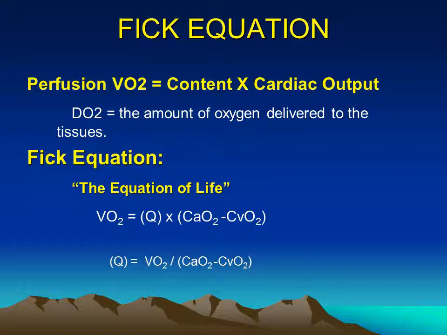So, given all of those fluids, perfusion is content times cardiac output, and the Fick equation, the VO2, the equation of life, is cardiac output times the difference between CaO2 and CvO2.